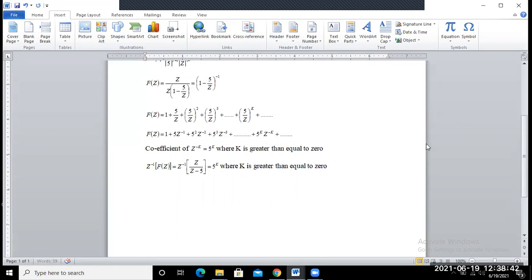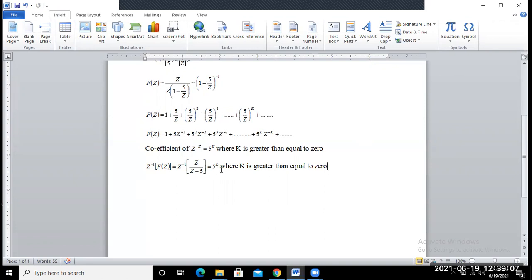If we recall how we can find the discrete time signal a to the power n u(n) equal to z by z minus a in the z transform, then similarly the inverse of the z transform will give the discrete time signal a to the power k u(k).